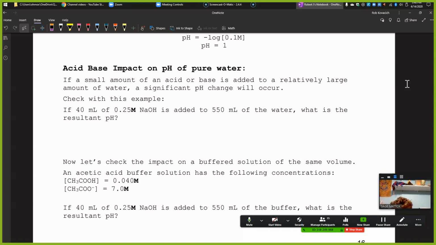So this is a small amount of base added to water, and the concentration of the base is low. It's only 0.25 molar. I want to know what happens to the pH when that small amount of sodium hydroxide is added to the water. All right, I'm going to give you a couple minutes.